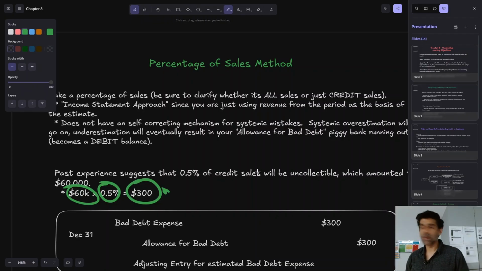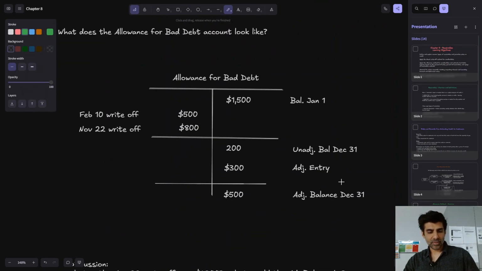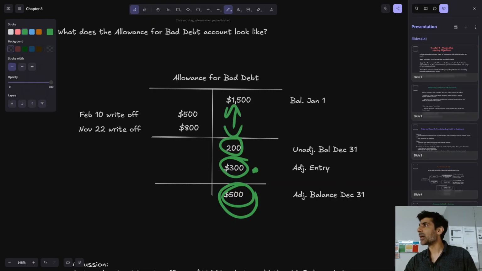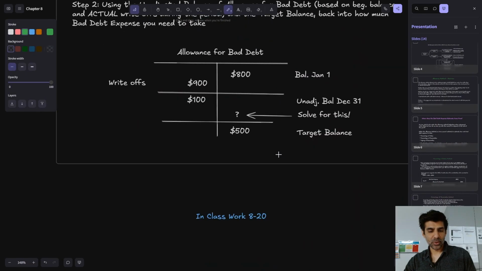This is just the amount I'm going to take as the adjusting entry for bad debt expense. Now what I'm doing is I'm saying no. In this case, we just calculated this. This was a byproduct of both this adjusting entry and all the stuff that happened in the past, right? Now what we're doing is we're going to start by saying what this should be and then backing into this adjusting entry amount. So it's a fundamental difference.